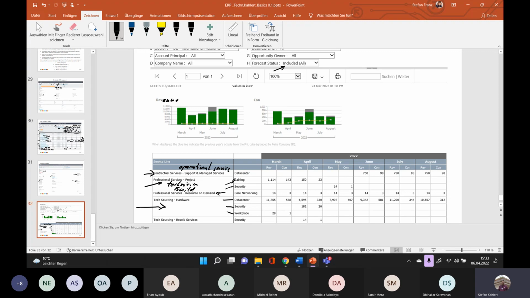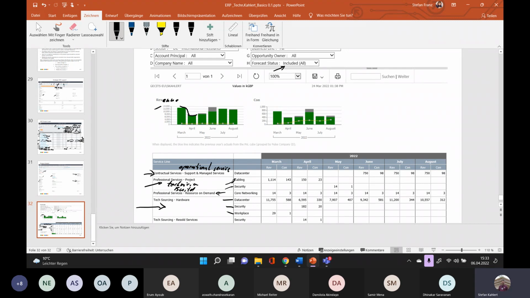So for all projects, you see each account principal is included, and you see here now a line of the revenue, and you see here it goes down, right? You have a certain volume of business you do in March, which is around 13 to 14 million.